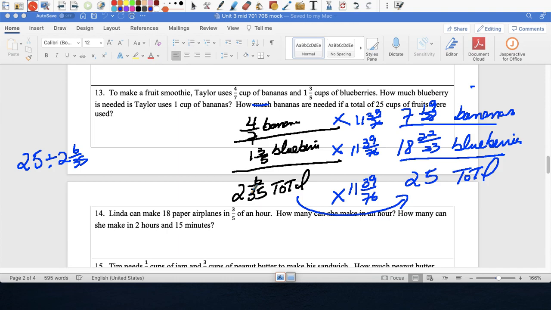Let me multiply this again. 1 3/5 times 1139 over 76. Enter. And I got 18, sorry, I apologize, 18 and 8 over 19. Okay, so let's see if I do the top correctly.